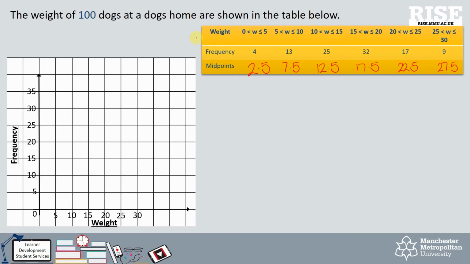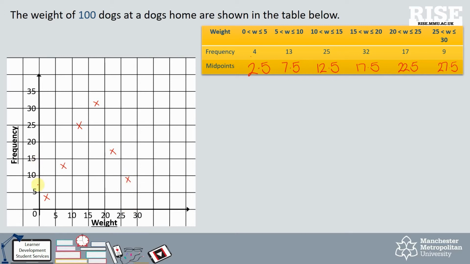So the first one I plot is at a midpoint of 2.5 and a frequency of 4. 2.5 would lie in between 0 and 5, and I'm going to estimate that 4 is about there. 7.5 goes up to 13. 12.5 goes up to 25. 17.5 goes up to 32. 22.5 goes up to 17. And 27.5 goes up to 9.